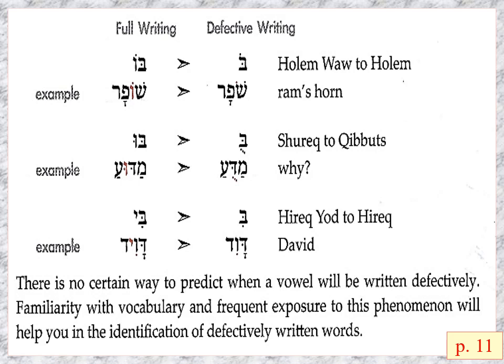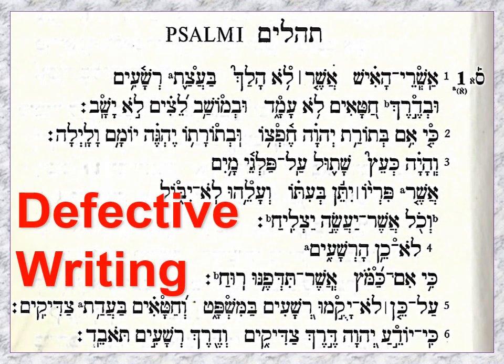Let's take a look at another example with the hirek yod. It could just appear as a hirek, right? So we might get Dawid or Dawid. Defective writing can appear in scripture. So you can see here in this word that we looked at previously, with the shurek at the beginning of the word and the holum wow, both of these are written as full writing.